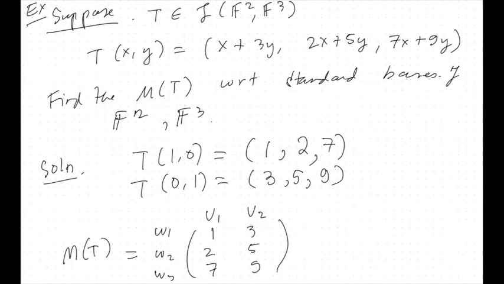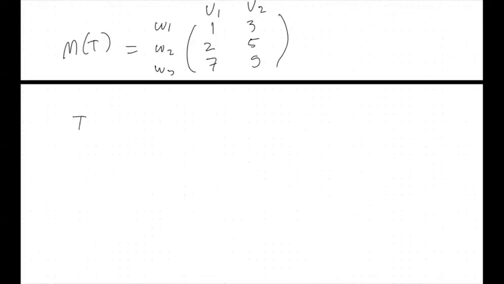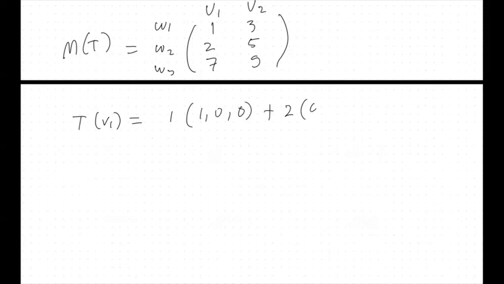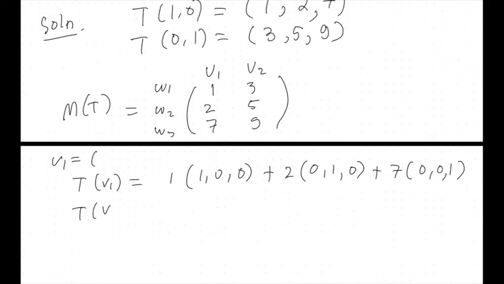That is, T of V1 is equal to 1 times (1, 0, 0) plus 2 times (0, 1, 0) plus 7 times (0, 0, 1). And what's V1? V1 is (1, 0), and V2 is (0, 1), a basis of F2.